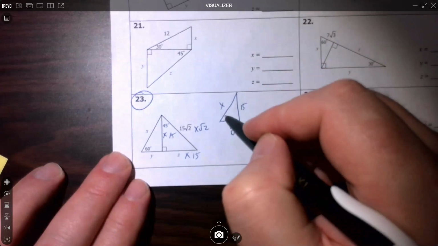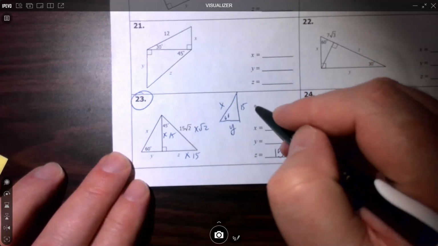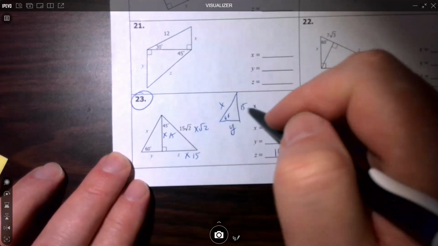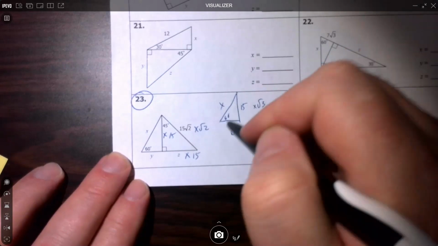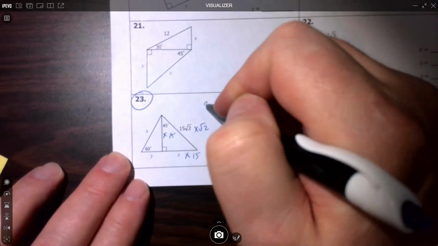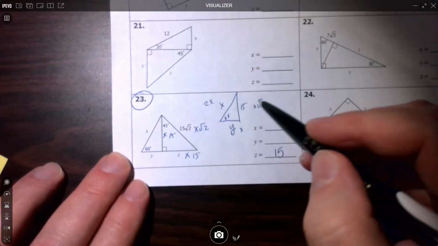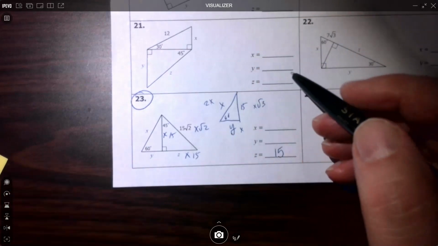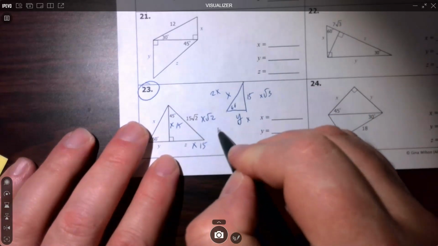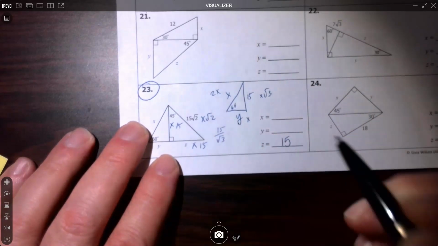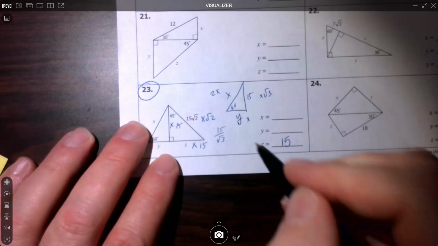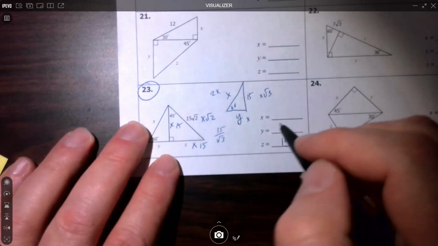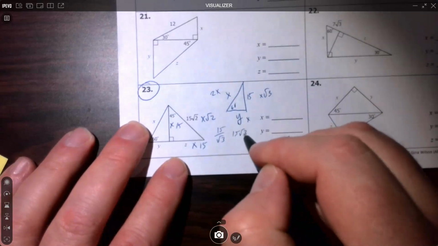Okay, this is the 60. Okay, so this is x, right? Oh no, sorry, x square root of 3, because that's opposite of 60. This is x, this is 2x. All right, so it looks like 15 is equal to x square root of 3, so that means I have to take 15 and divide it by the square root of 3, okay, to get that. So that's 15 square root of 3 over 3.